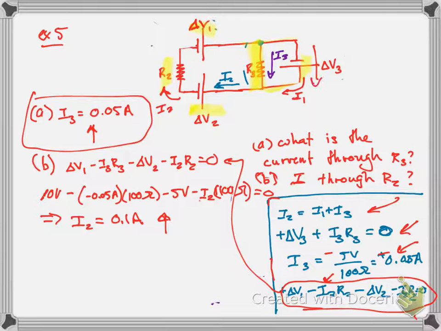I1 goes in that direction, I2 goes in that direction, I2 goes backwards to this power supply because it's in series with a bigger power supply, so it goes backwards to that power supply. It's in series with delta V1, which is pushing in the other direction. And then I3 actually comes out, and I3 and I2 add to be I1. So I1 must be 0.15 amps. I never asked what I1 was. I said we don't care what I1 is, but it's 0.15 amps.